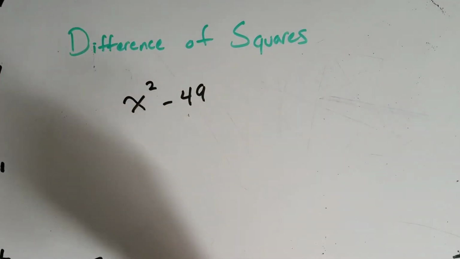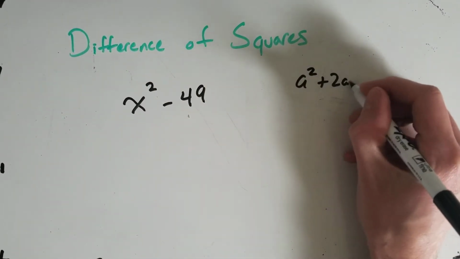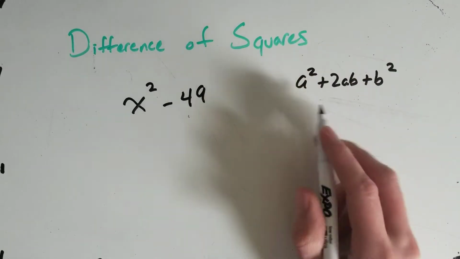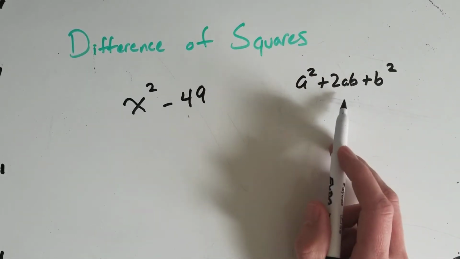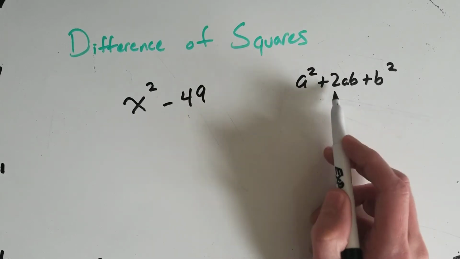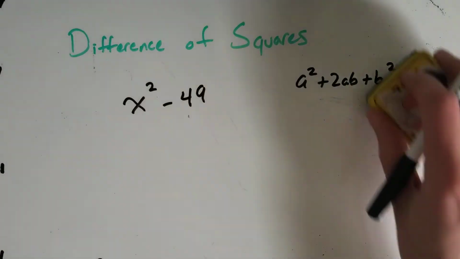So we're trying to think back to patterns in the past. If you think of our trinomials from the past, we have the form a squared plus 2ab plus b squared. We're trying to think back to which ones ended up with that middle term disappearing, and we were subtracting the b.